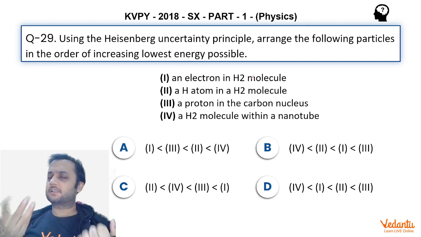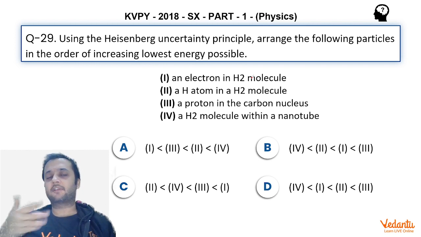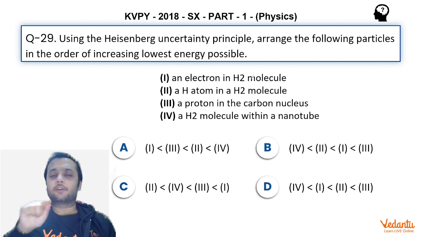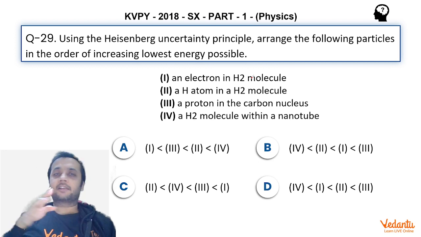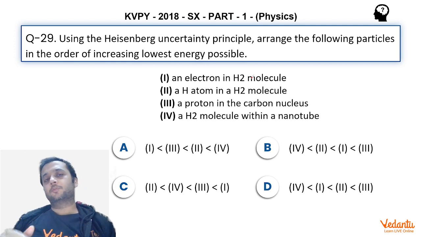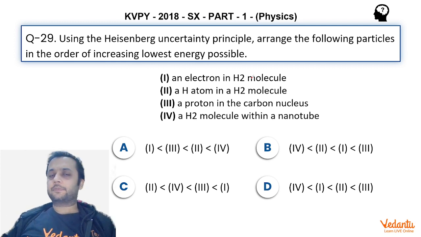Proton in carbon nucleus is free to move up, down, left, right, any possible direction, so average momentum will be 0. Similarly, in a nanotube, hydrogen molecule can move along the length of the tube in any random direction, forward or backward, so again its average momentum will be 0. So in all the cases the average value of the momentum is 0, and hence this result can be used.